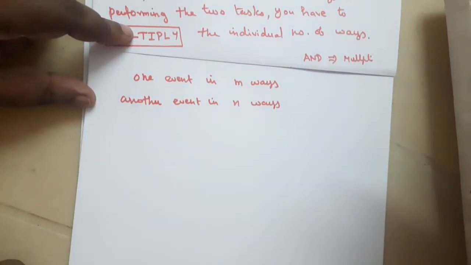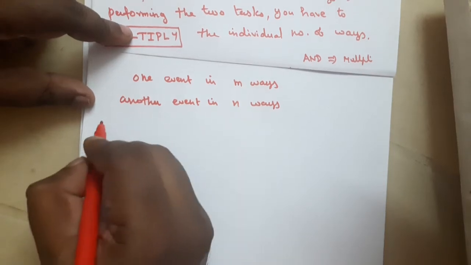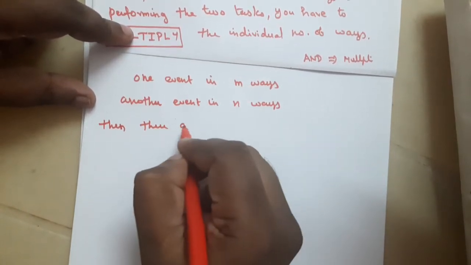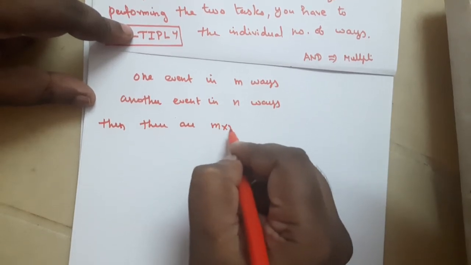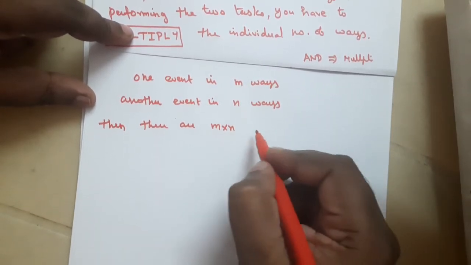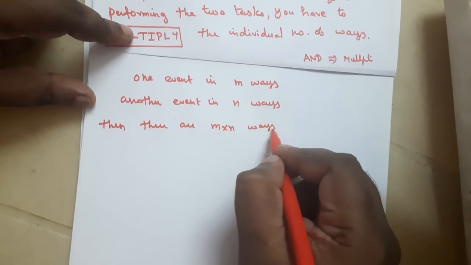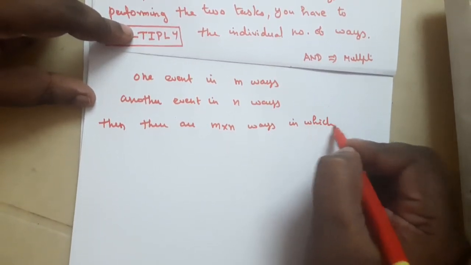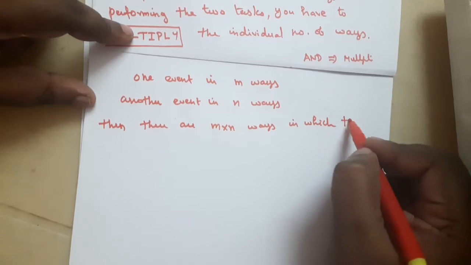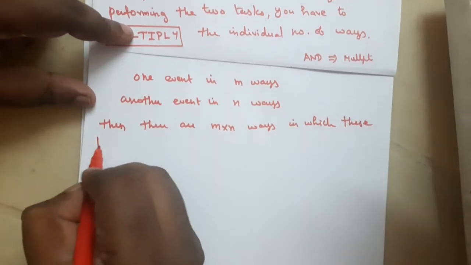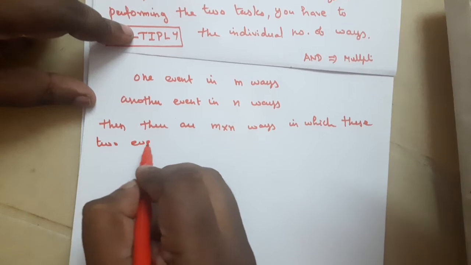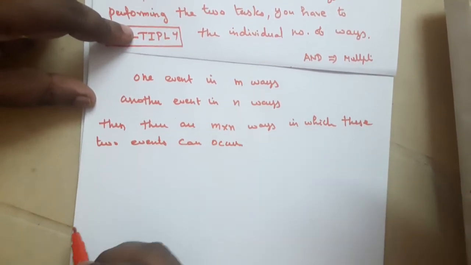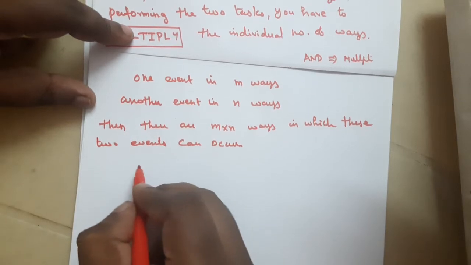Then there are m into n ways in which these two events can occur. That is simple logic.